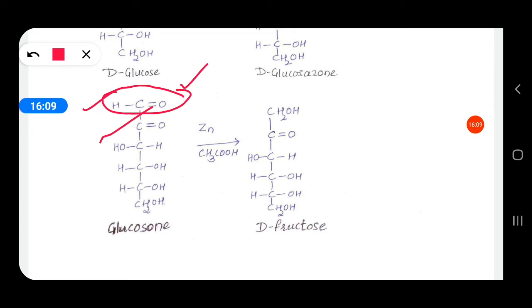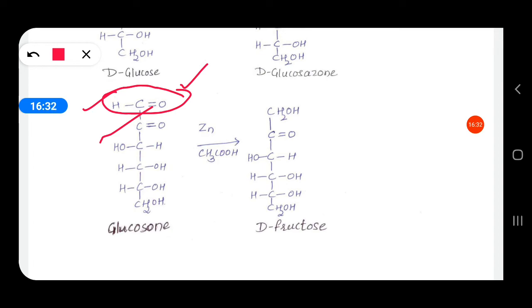Here zinc in presence of glacial acetic acid is used. In glacial acetic acid, zinc reduces the aldehyde group in preference to the ketonic group. So that's why zinc in acetic acid is used as a reducing agent.